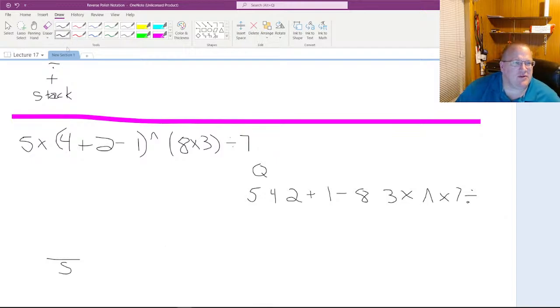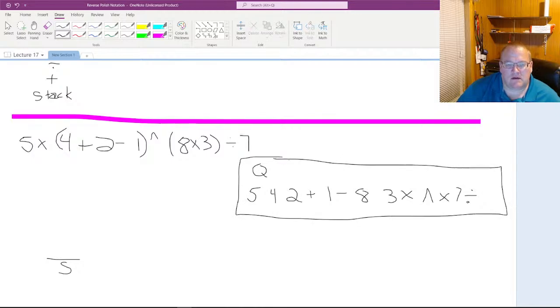All right, so how does a computer actually read this? No, sorry. Let me back up. It reads it indifferently because it creates a stack to read it in.